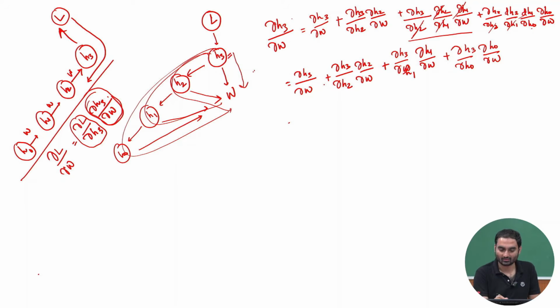Okay, now let's see what is actually happening. Can we think of a generic equation out of this? Let's write the entire equation in reverse direction.